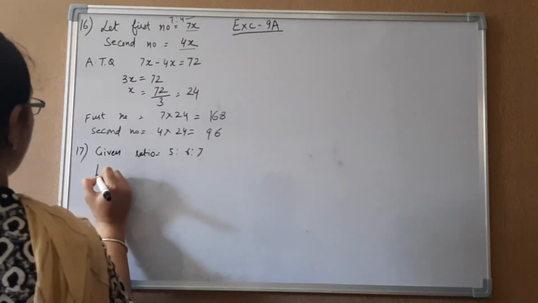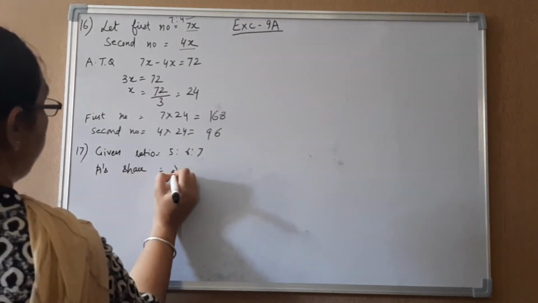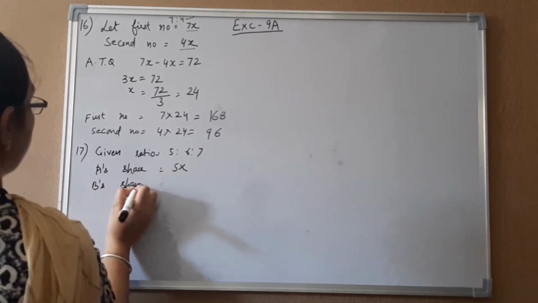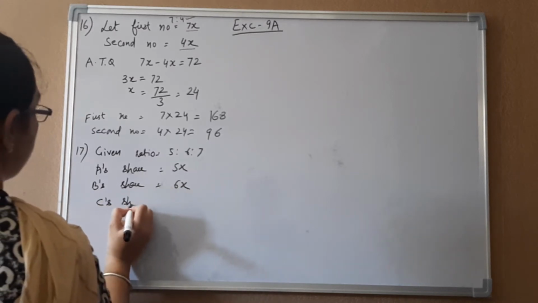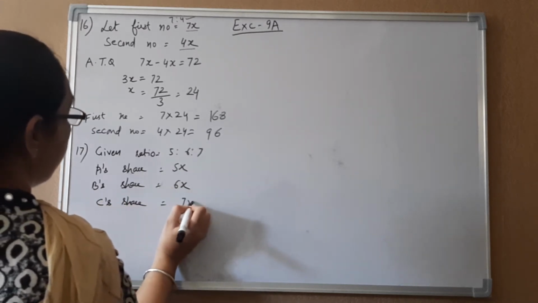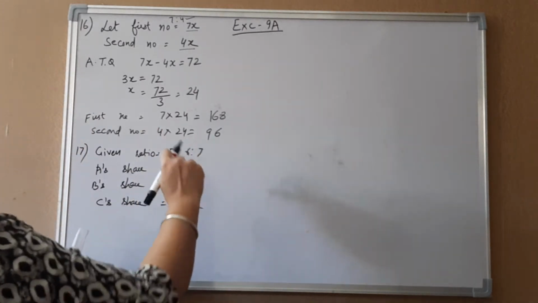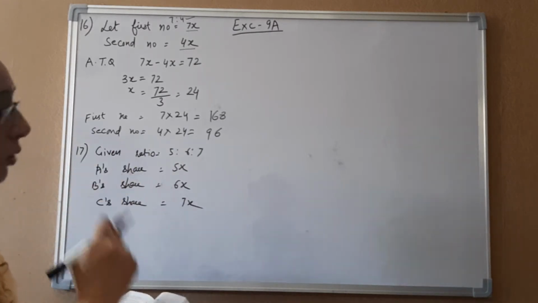It means A's share would be 5x, B's share would be 6x, and C's share would be 7x. You have done it the other way also, 5 divided by the sum into the number given, but that is only when the total is given.